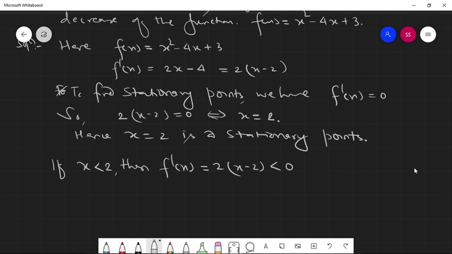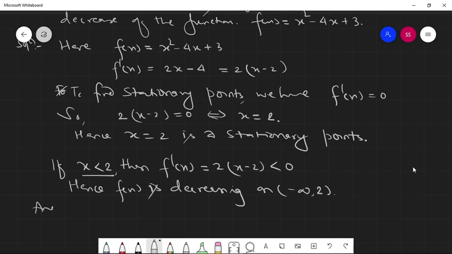X less than 2 is 1. 1 minus 2 will be negative, times 2 is negative, that's why it will be less than 0. Hence f of x is decreasing on minus infinity to 2. This gives the interval.